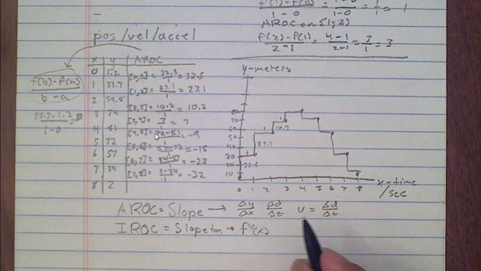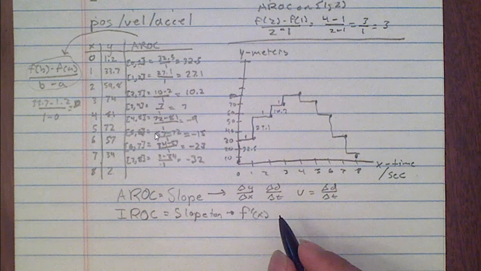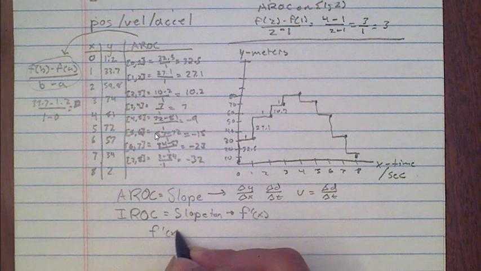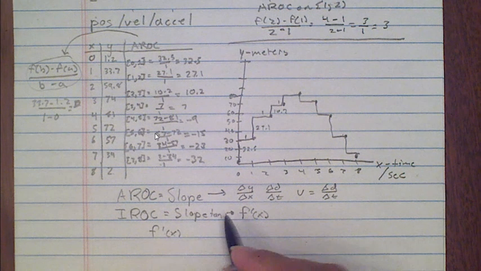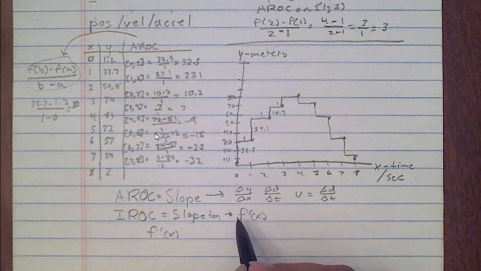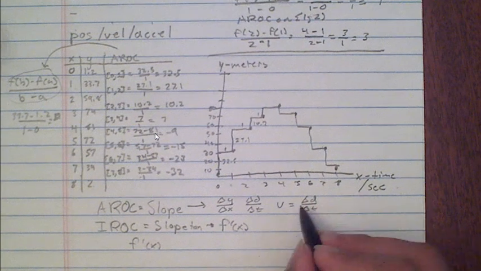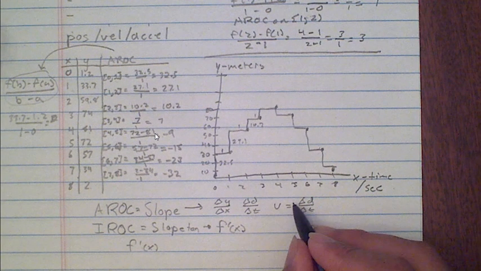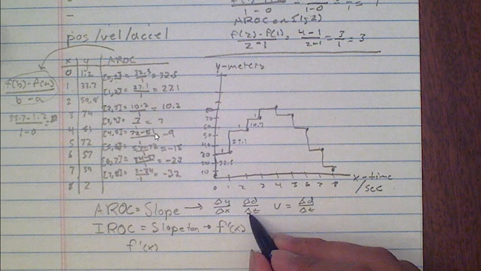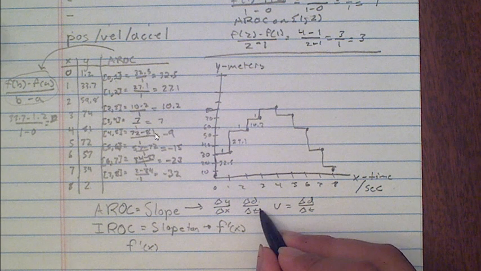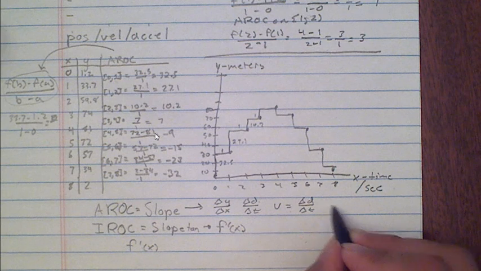So here's what I want you to get right now. The derivative, I'm sorry, let's back up. Okay, the average rate of change of a position function, change in distance over change in time, that's a velocity, but it's average velocity.